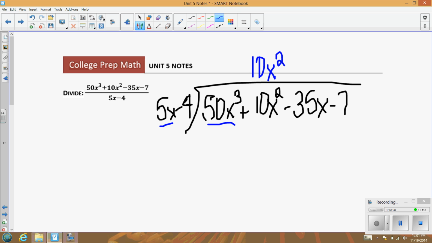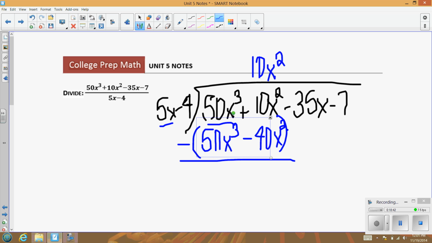So now I'm going to distribute 10x squared times 5x minus 4. I'm going to get 50x to the third minus 40x squared. Again, you're subtracting those. So it's 10 minus negative 40, which is really 10 plus 40. So it's going to be 50x squared. Bring down the next term.